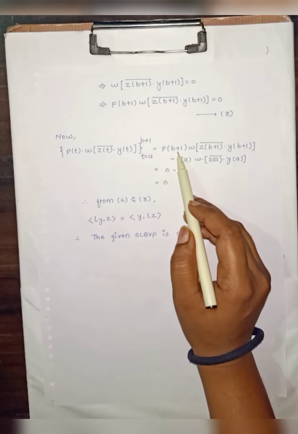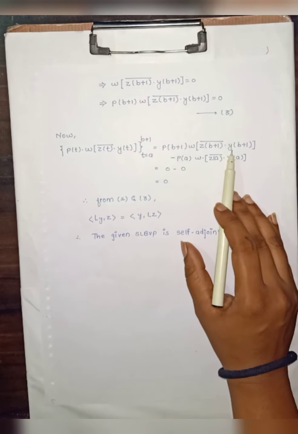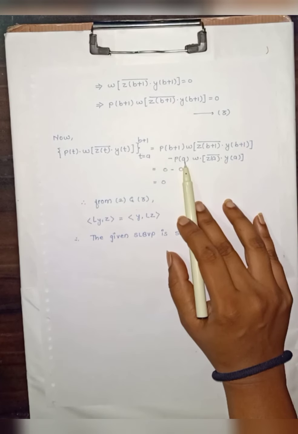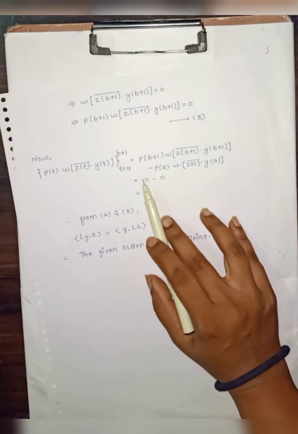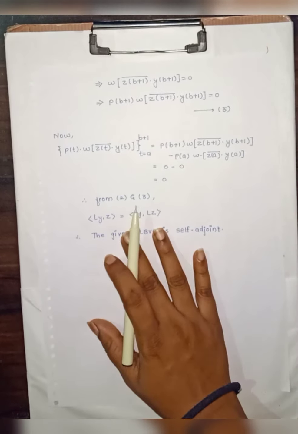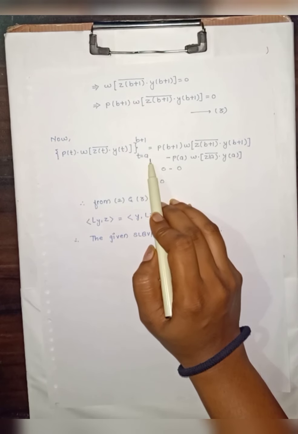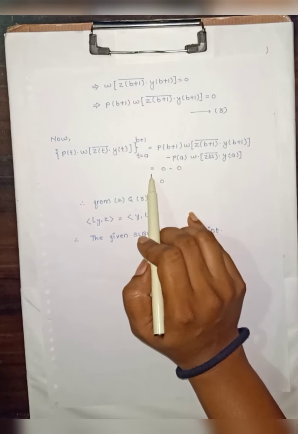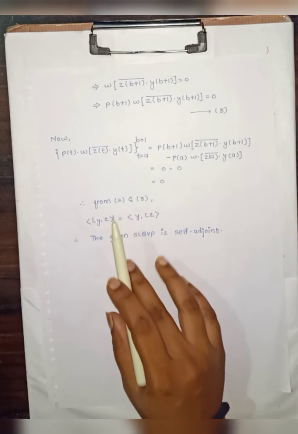Therefore, p of b plus 1 omega of z of b plus 1 conjugate into y of b plus 1, minus p of a into omega of z of a conjugate into y of a, equals 0. This is the upper limit and this is the lower limit we have put, and from equations 2 and 3 we get 0.